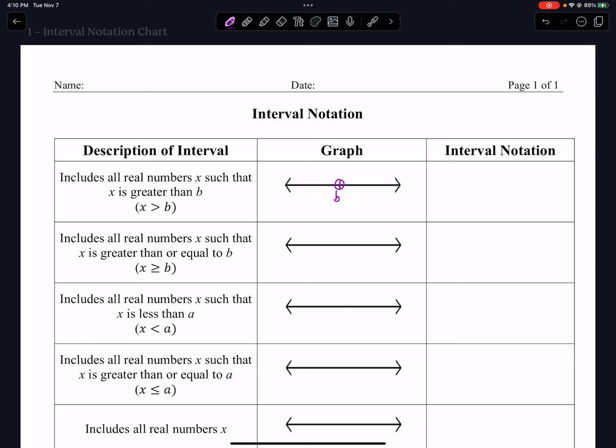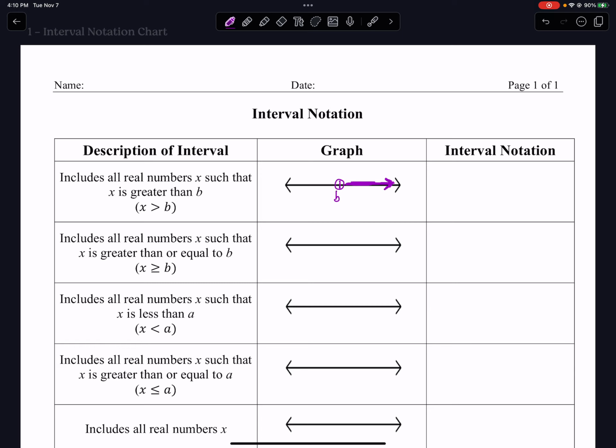So I'd put an open circle at b, and I would color in all the numbers on the number line that are to the right of b because they are bigger than b, and I put an arrow because it goes forever.